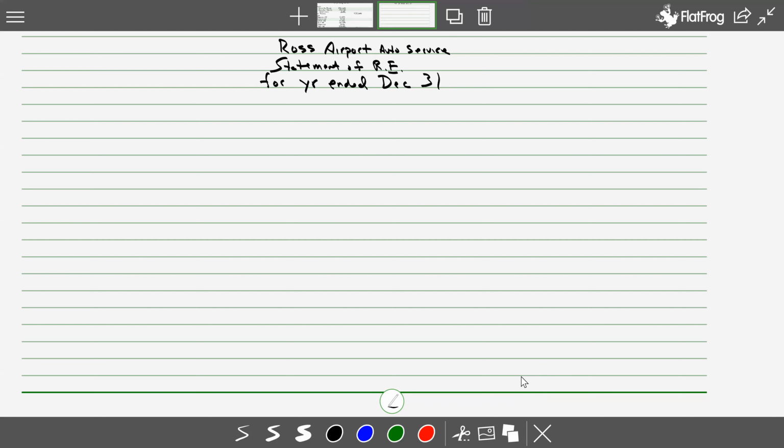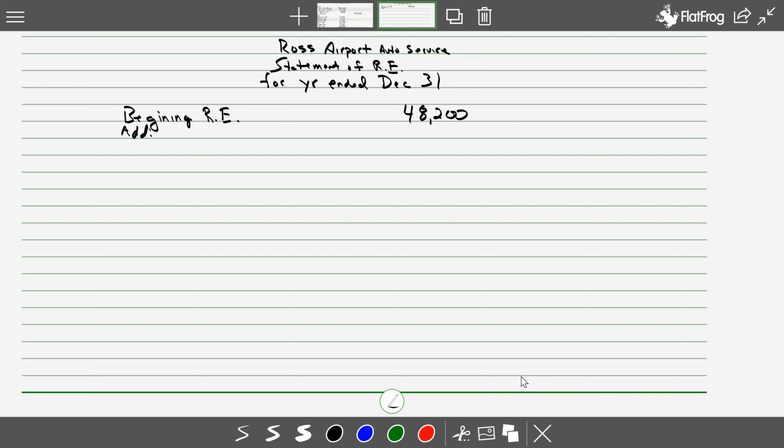And it is a period statement, so we put for year ended December 31st. We start with our beginning retained earnings, which is given on our sheet, $48,200.